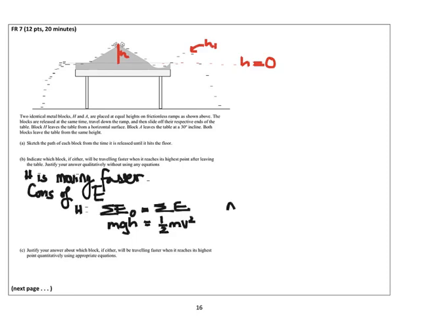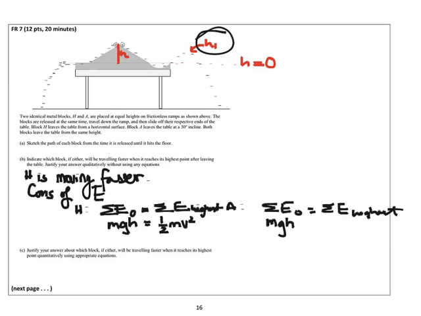On the other hand, for block A, again we have sigma E naught equal to sigma E. At the highest point, we don't know what this H1 is, but we know it's bigger than 0. So we still have mgH at the beginning. They have the same total energy at the beginning.